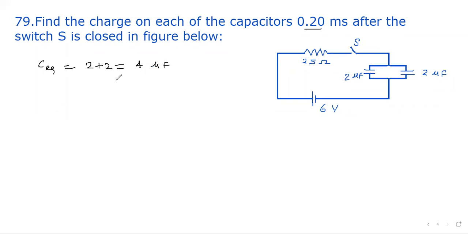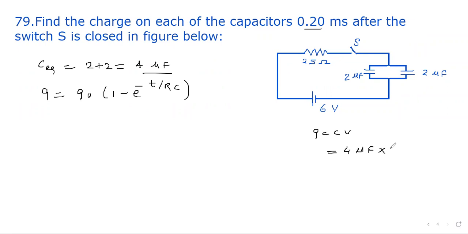Now, since it is a case of charging, because the switch is closed, charge will be equal to Q0 times 1 minus e to the power minus t upon RC. Q0, that is Q equal to CV. C is 4 microfarad into the voltage applied, which is 6. So this will be 24 microcoulomb.